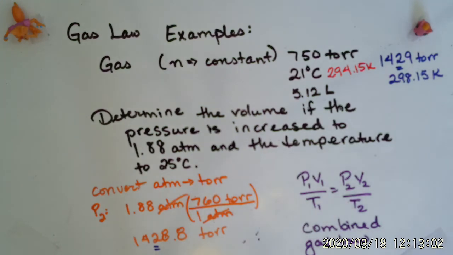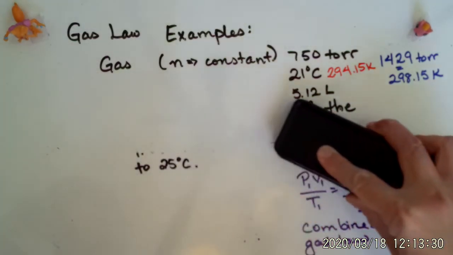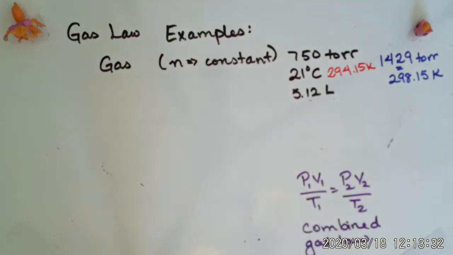Now, why didn't I do atmospheres? If you look at the form of your equation that you're going to use, these units will cancel out. If we were using the ideal gas law, then I would certainly change it from torr to atmosphere, because my ideal gas constant, R, is in liter atmospheres. Okay, so let's use this formula now that we have everything. Again, we're looking for V2.